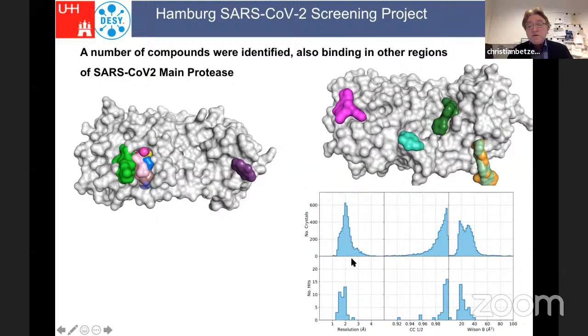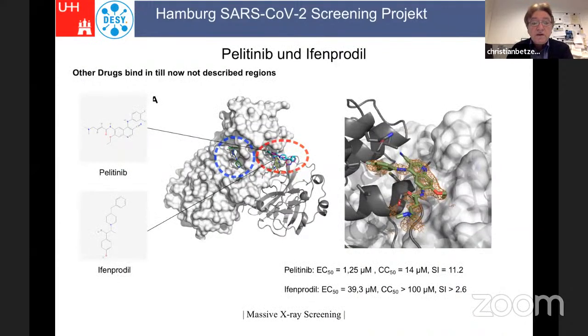And this is showing you some statistics from the fully automatic data collection, such as the resolution range and the performance; the quality of the data is shown. And of course, afterwards you need humans again to perform the interpretation. And we found 2 drugs, pelitinib and, if I'm pronouncing it wrongly, ifenprodil, which are known as kinase inhibitors.